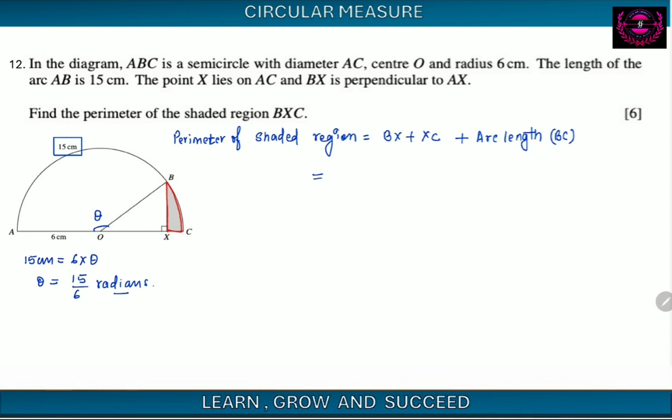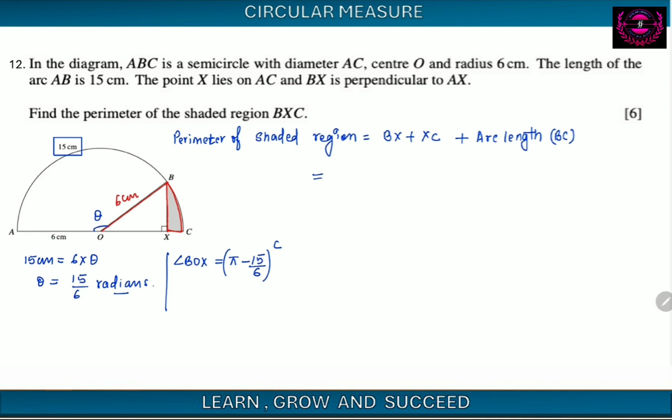So theta is 15 upon 6 radians. Now if we have to find angle BOX, for angle BOX we have pi minus 15 by 6 radians. So we have angle BOX. Also length of OB is 6 centimeters.